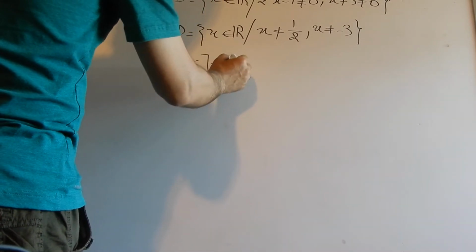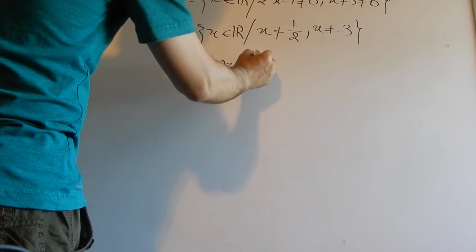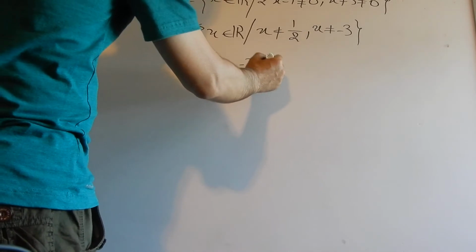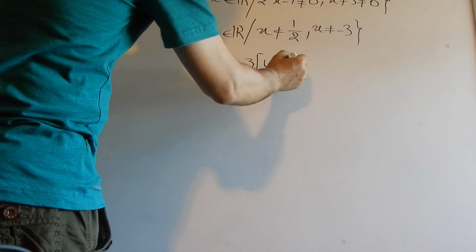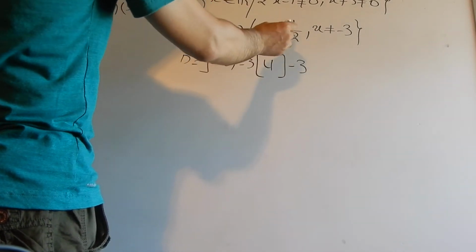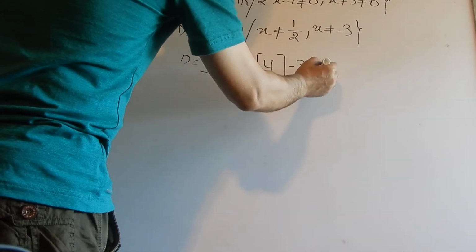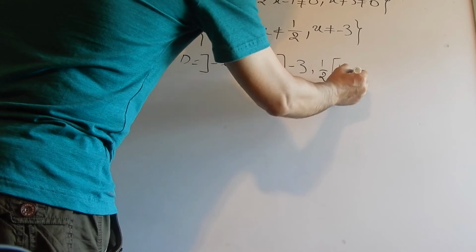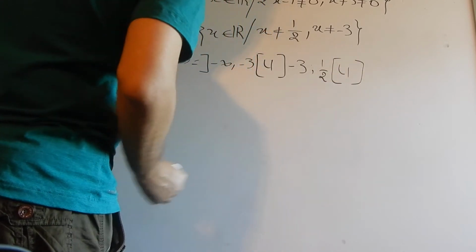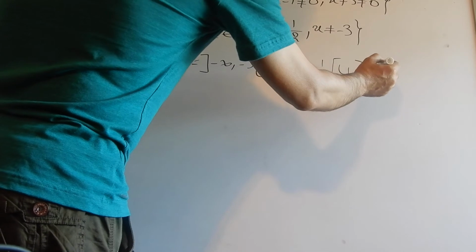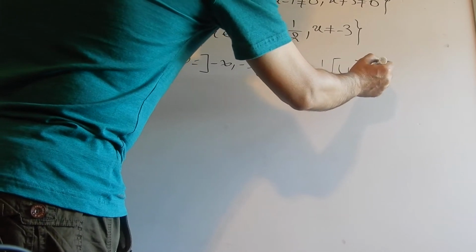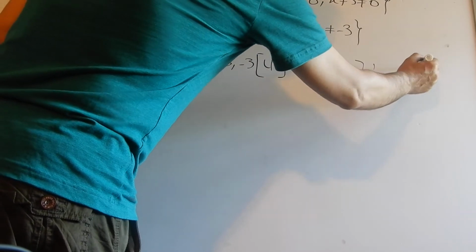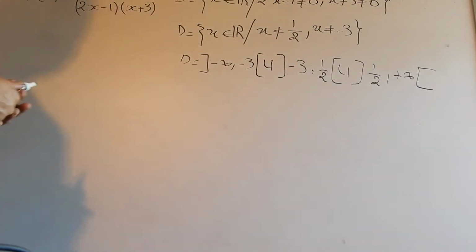minus infinity, minus 3, not included, union minus 3, 1 over 2, union 1 over 2, plus infinity.